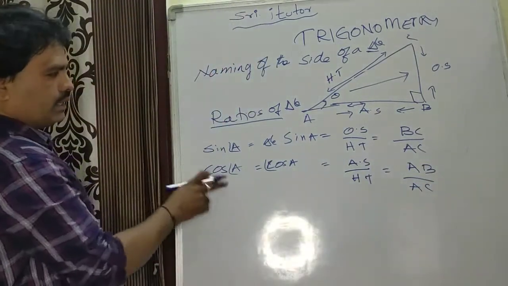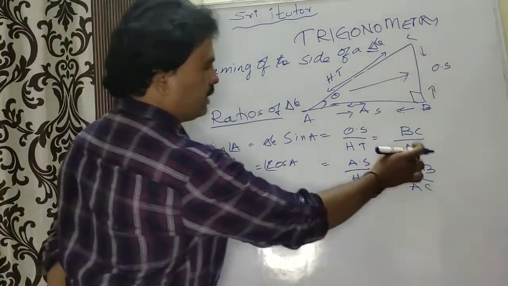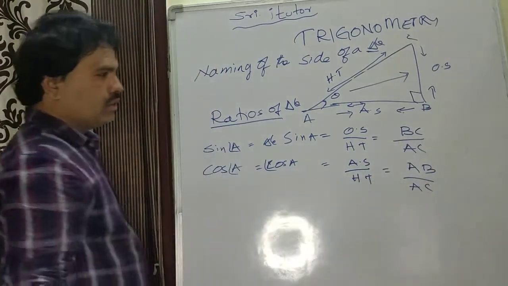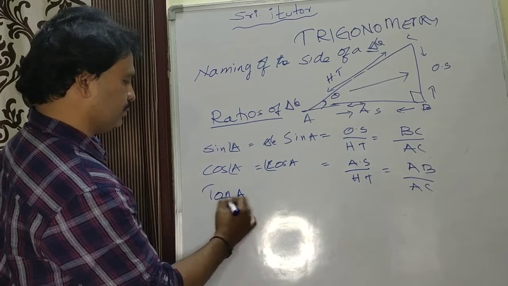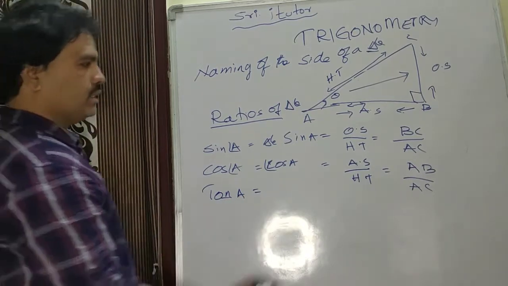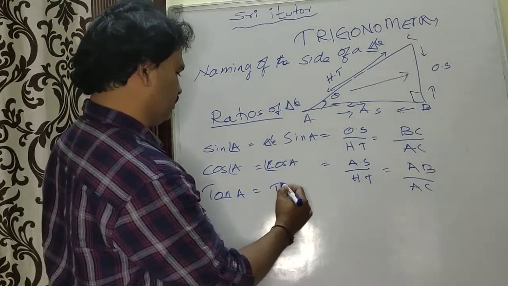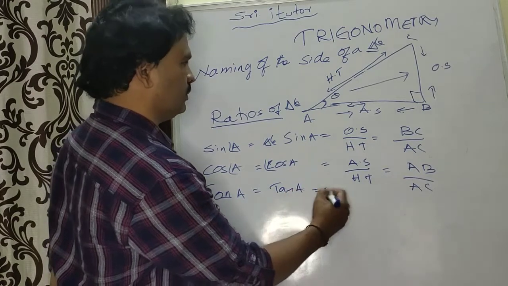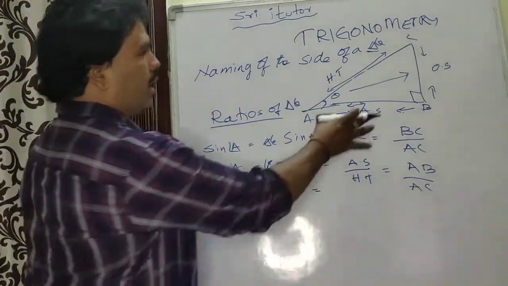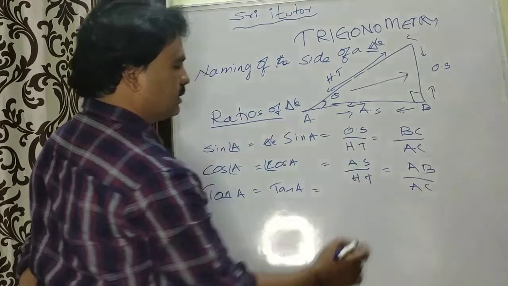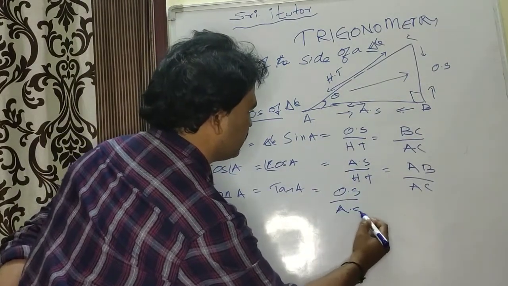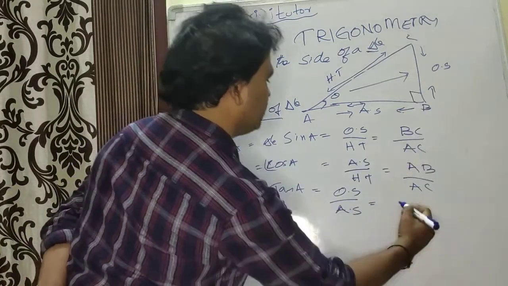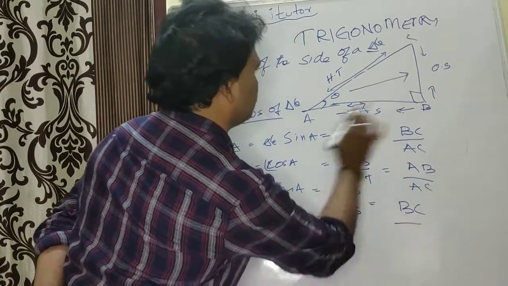If we observe, sin and cos have AC in common. Now we are going to define tan A. Angle tan A means opposite side by adjacent side, that is BC by AB.